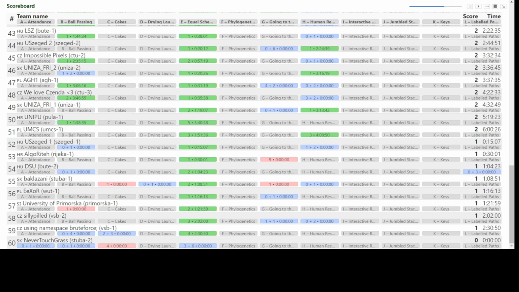Let's see if team Never Touch Grass solved any problems. They attempted problem A. Nope. No. Problem E. No. And then B, C, G, H. Congratulations. 57G.